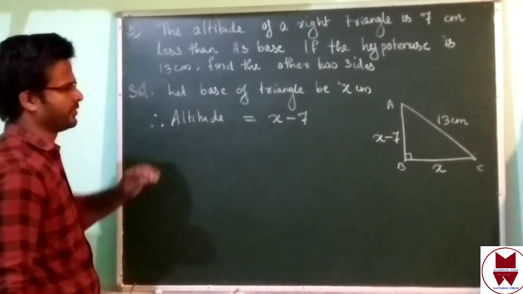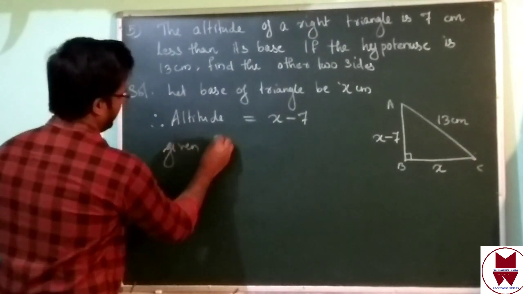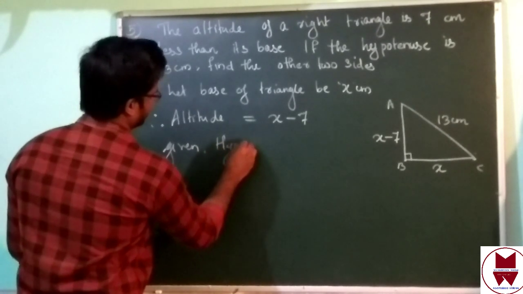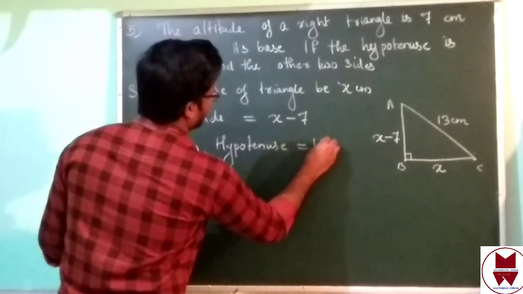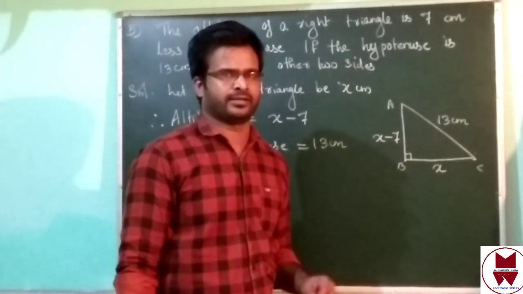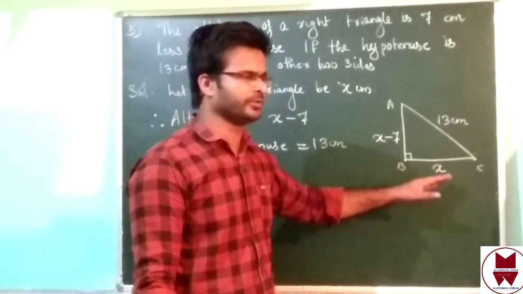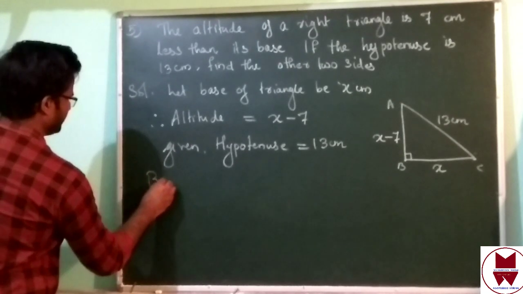According to our question. Already given hypotenuse equal to 13 centimeter. This is right angle triangle. Right angle triangle means we can use in here Pythagoras theorem, isn't it? We can write by Pythagoras theorem.